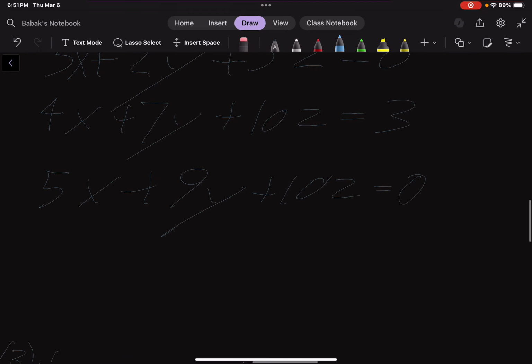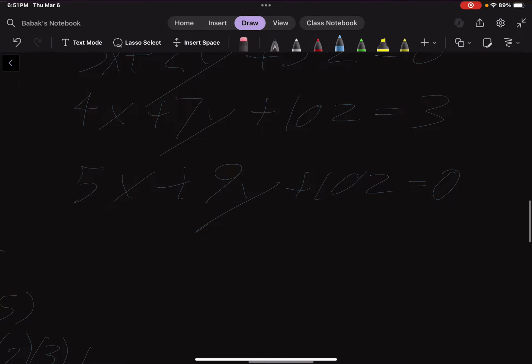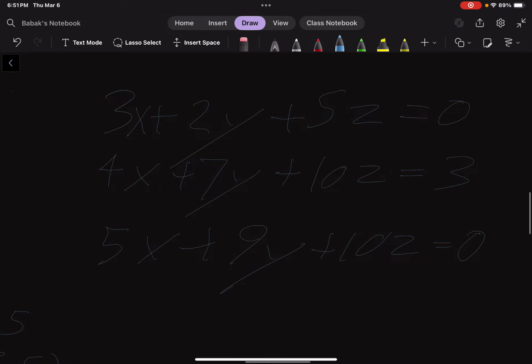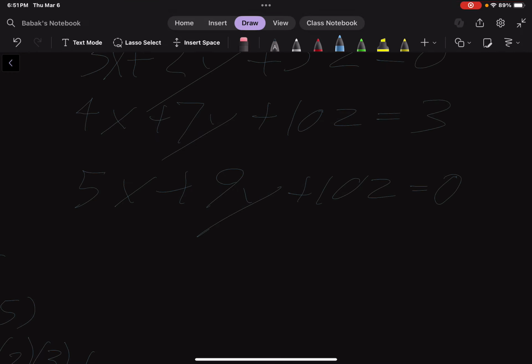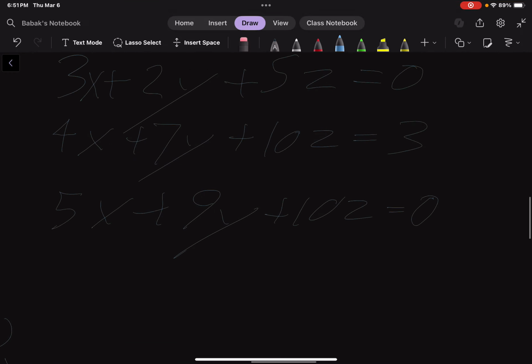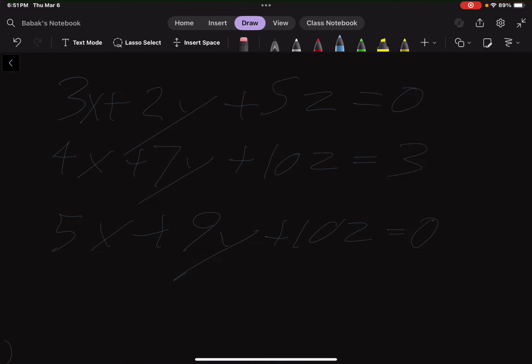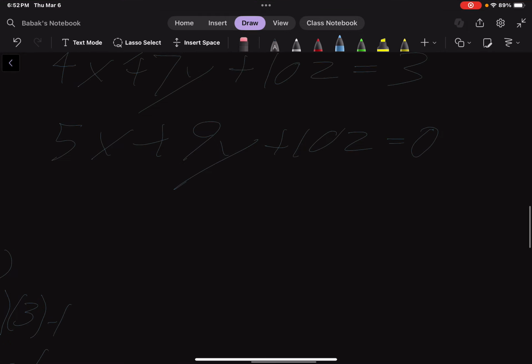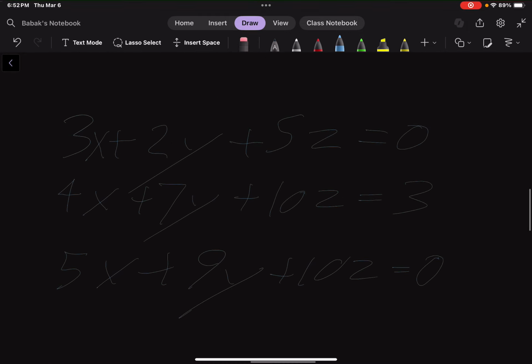Now, we have three variables, and of course, three equations, and thus we can solve for a single point rather than a line. And once again, if we just had one equation, well, we just have the equation. No answer to that.